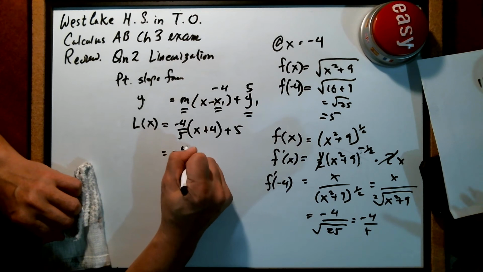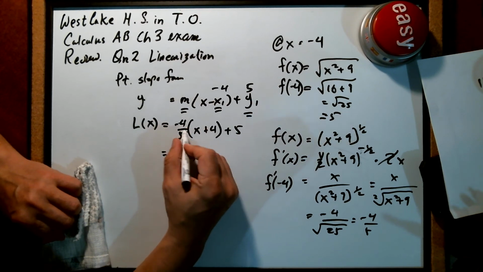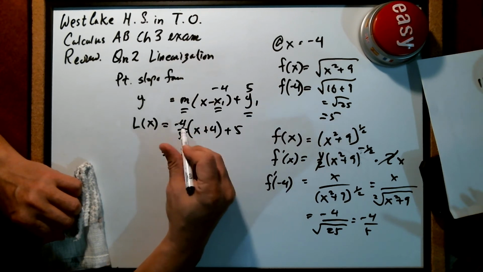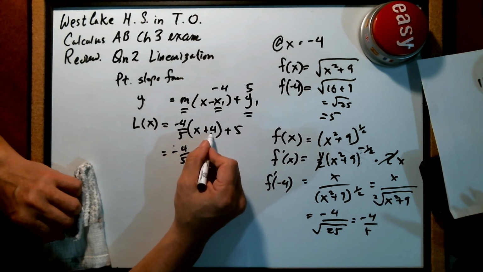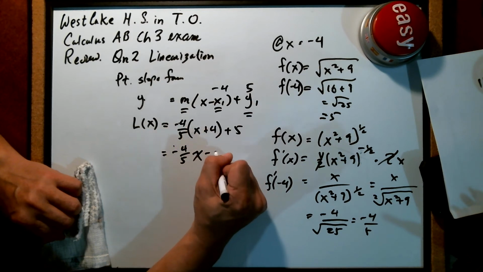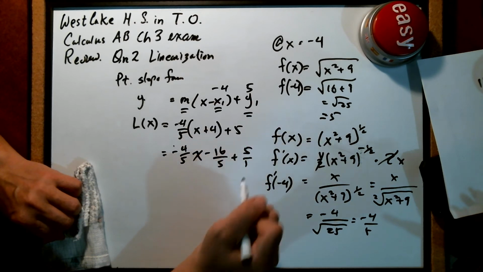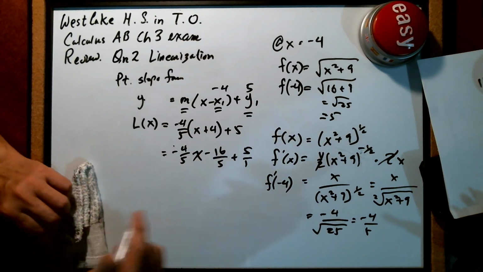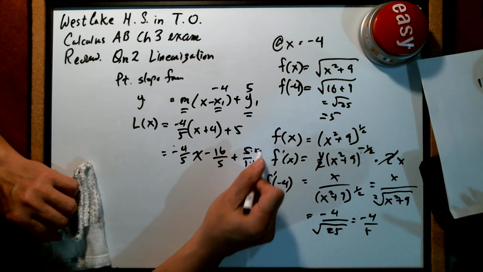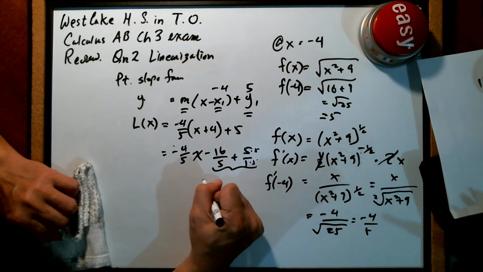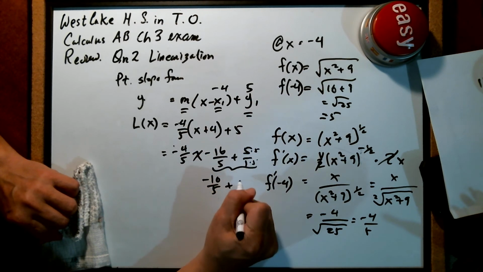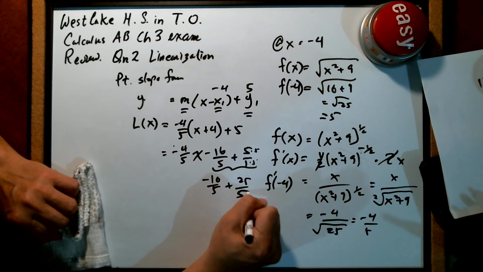-4/5 times x is -4/5 x. I'm going to distribute that. It's going to be -4/5 times 4, which is -16 over 5, plus 5. Plus 5, think of it as 5 over 1, right? We'll multiply by 5 to have a common denominator. -16 over 5 plus 25 over 5.